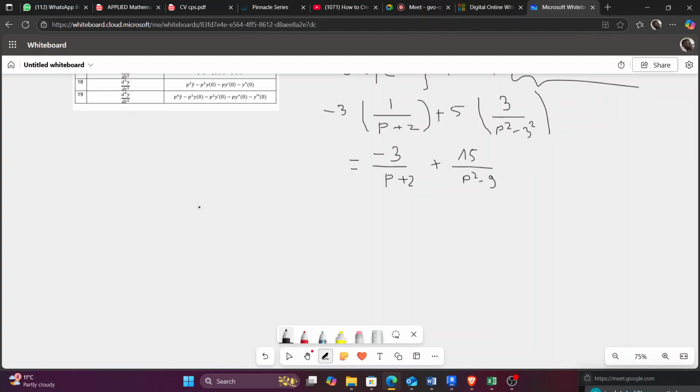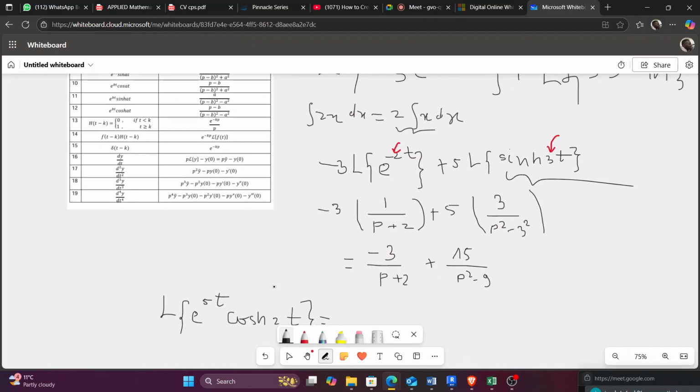They want you to solve Laplace of exponential 5t cos of 2t. Guys, if I ask you to solve for this, what will be the first thing that you do?